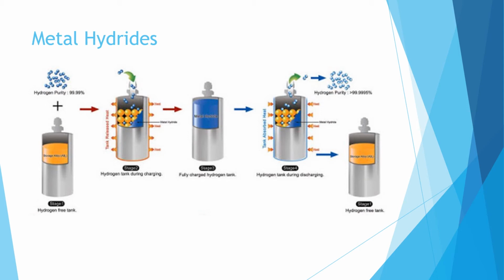Then fully charge the hydrogen tank. That's because there is some metal present which will absorb the hydrogen. When hydrogen is required to move out, in this tank we get the pure metal. So this is the way the metal hydride is used to store the hydrogen.